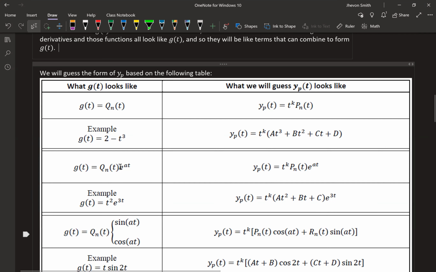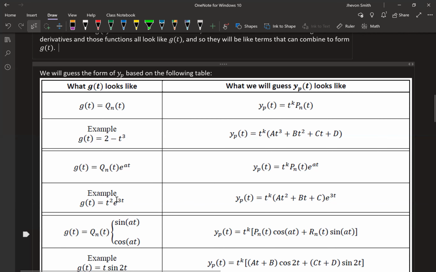Here's another possibility. If your g looks like a specific nth degree polynomial times an exponential, then your particular solution is going to be like a general nth degree polynomial times that exponential, potentially where you need to multiply by some power of t so that you don't have any overlaps with your homogeneous. Here's a specific example.